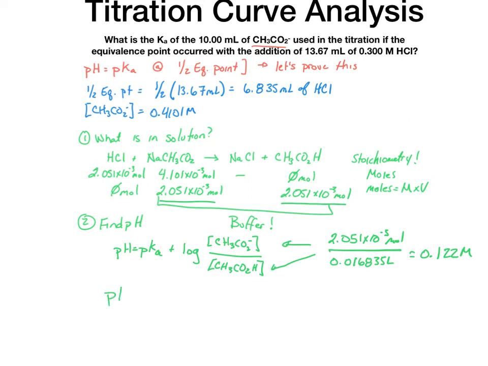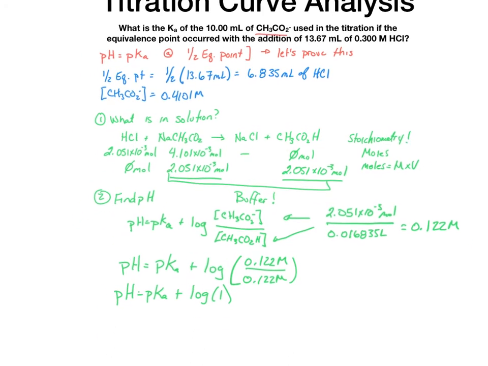And so pH is going to be equal to the pKa plus the log of 0.122 molar divided by 0.122 molar, or the pH is equal to the pKa plus the log of 1.